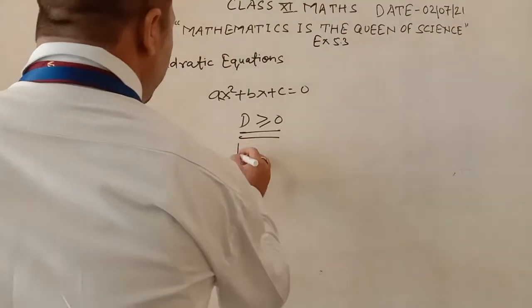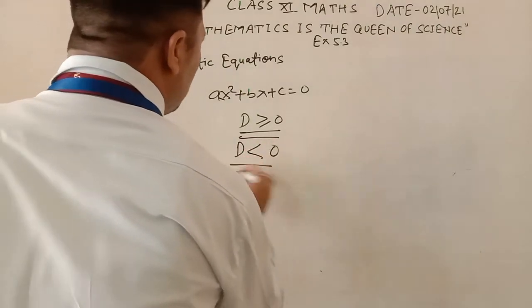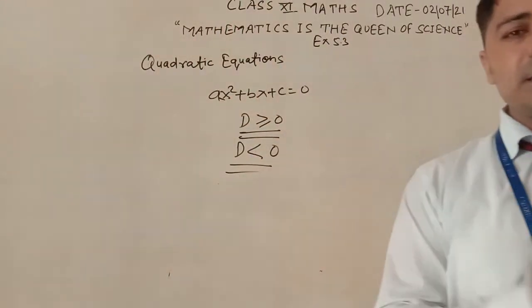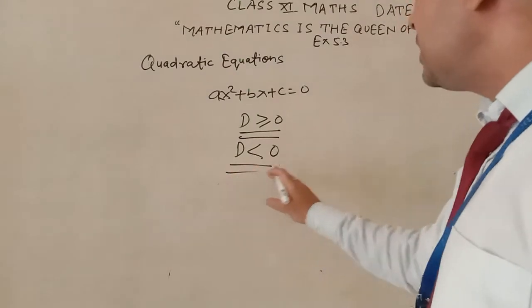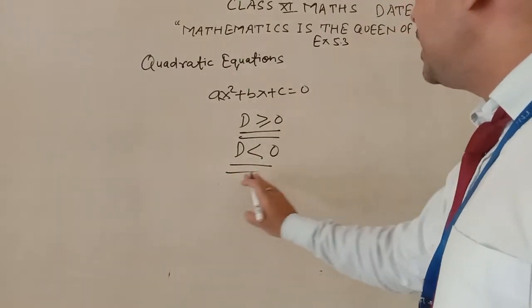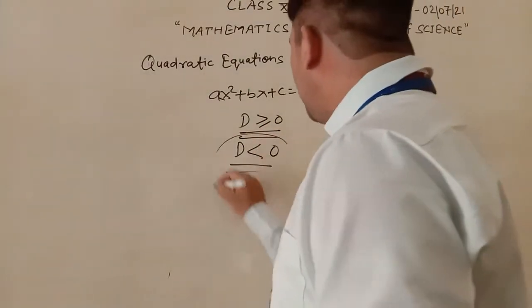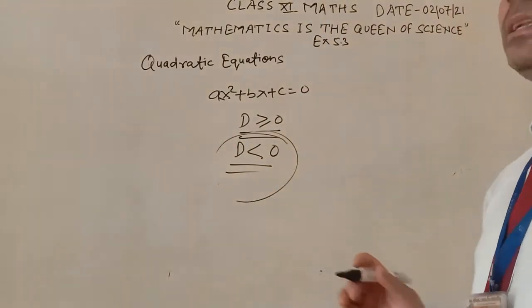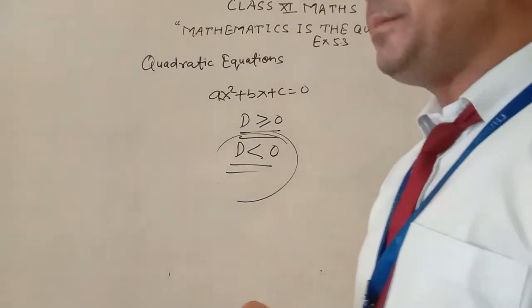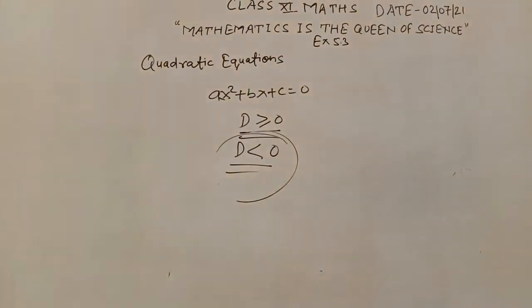But when d is less than 0, then in class 10th you know there is no solution because it comes in the negative sign.